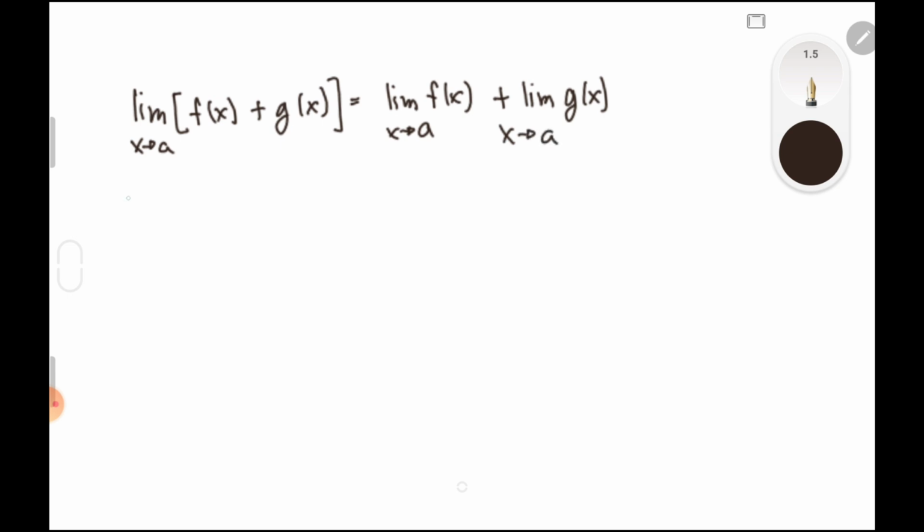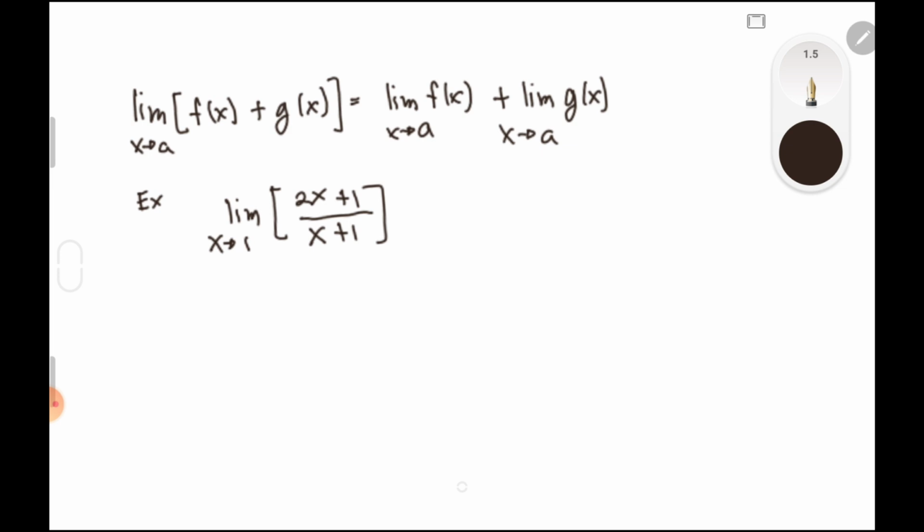So an example of this one is, if we have the limit of 2x plus 1 divided by x plus 1 as x approaches 1.